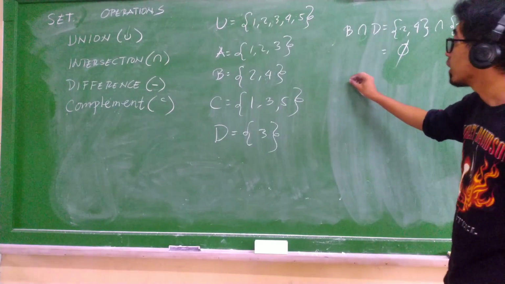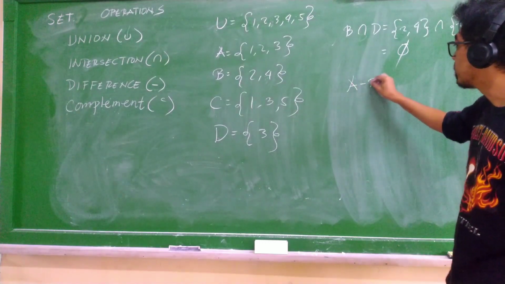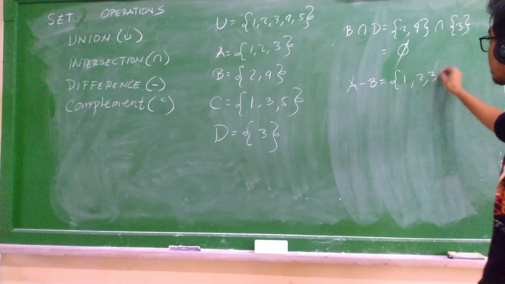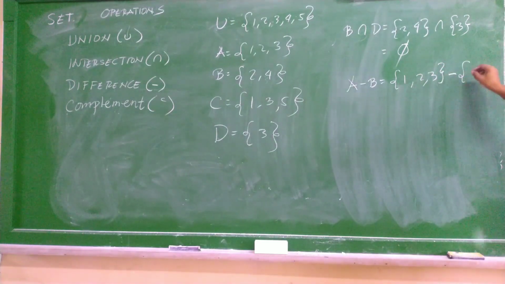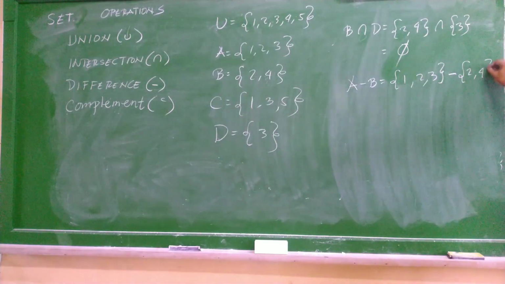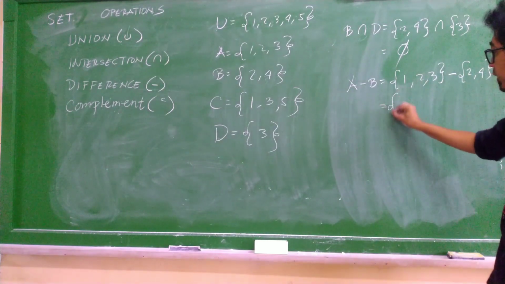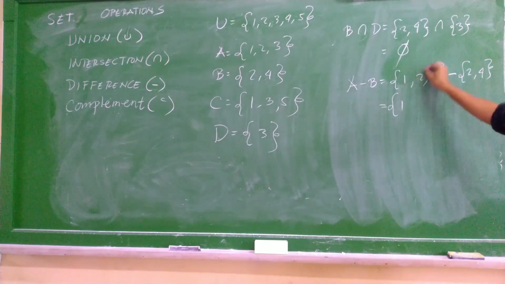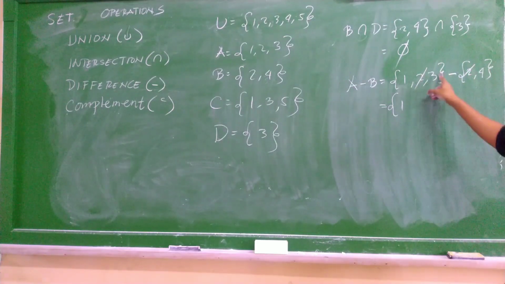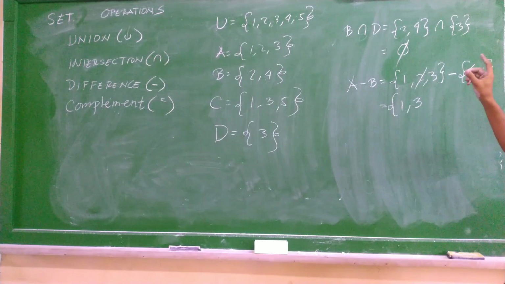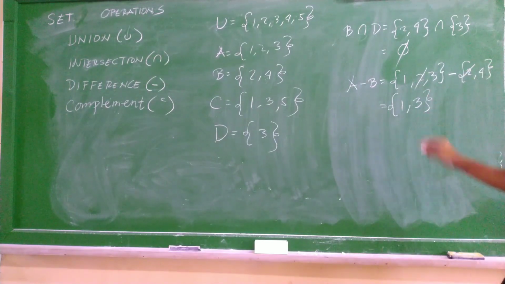So A minus B: {1, 2, 3} minus {2, 4}. 1, okay, it's not common, so we copy 1. 2 is common, we remove. 3, it's not common, so it's okay. So we are left with 1 and 3.